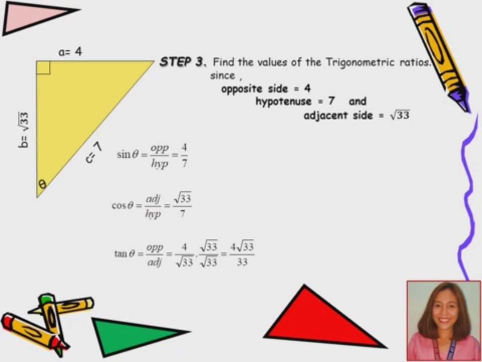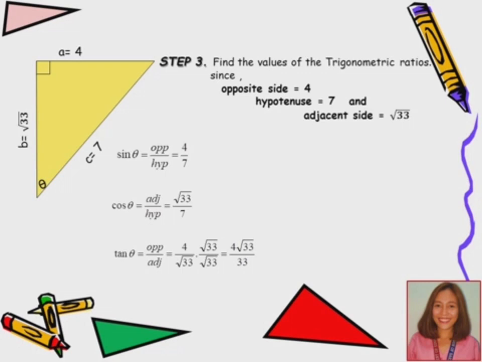So, what we're going to do is we are going to rationalize it. So, paano pa mag-rationalize, ma'am? Okay, ganito lang. So, if you have there 4 over square root of 33, yung square root of 33 mo dyan sa baba, i-multiply mo lang yan dyan sa numerator at saka denominator mo. Then, wala. Solve na yung ating problema.